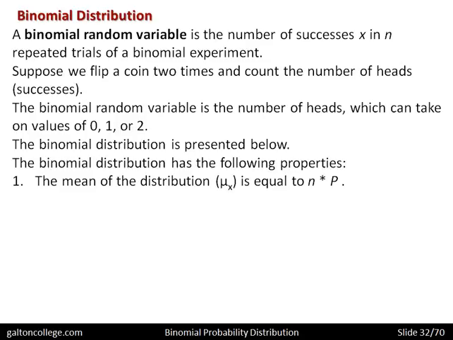We might be surprised to get two heads. Or we might also be surprised and get two tails, no heads. But we would expect to see one. The variance, I'm not going to prove this, is called sigma squared x, and it's equal to n times p times the probability of getting a tail, 1 minus p.